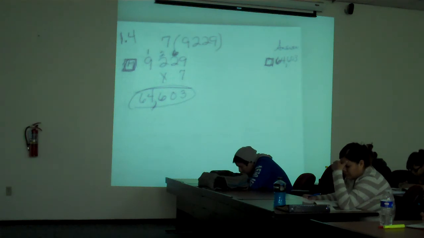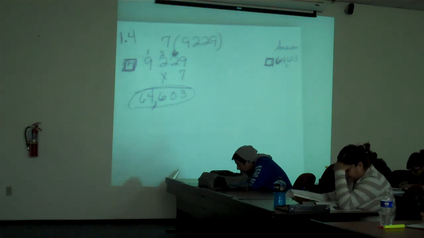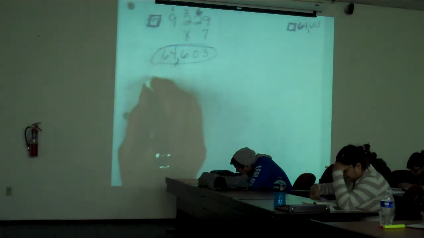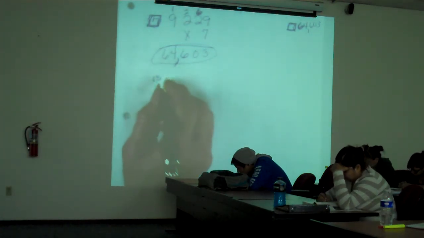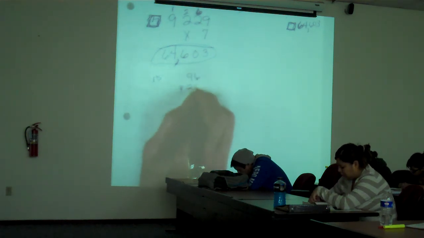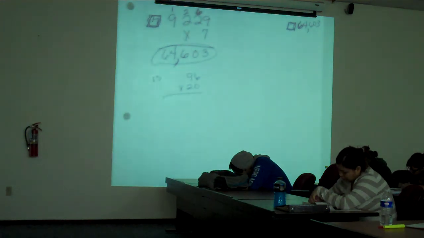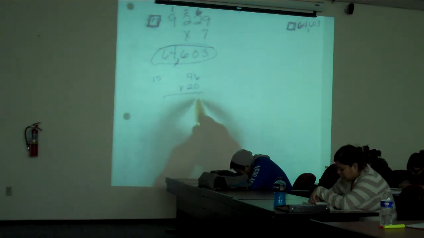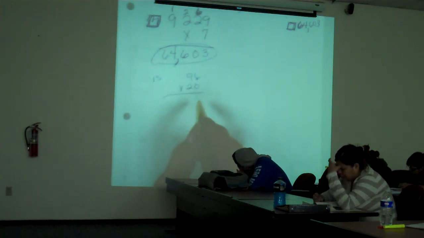If you have 2 digits times 2 digits, like number 15 in the book, it has 96 times 20. It's already written like that for you. You don't need a whole row of zeros. Some people put 0, 0, 0. You don't need to put that row. Okay?